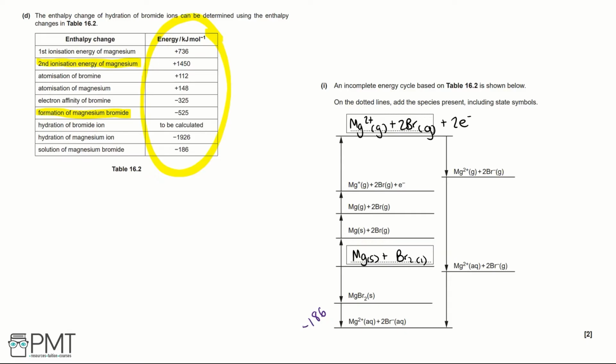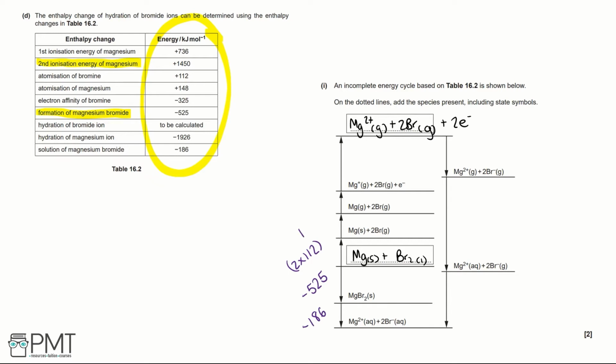Then if we move on to the arrow above, that's going to be minus 525, which is the formation of magnesium bromide, because you're going from its base states in order to form this magnesium bromide solid. Moving up, you get 2 times 112, and that is the atomization of bromine, but we've multiplied it by 2 because we've got 2 bromines that we're atomizing.